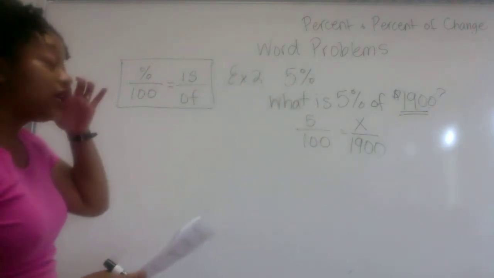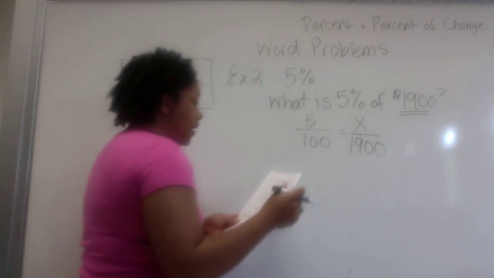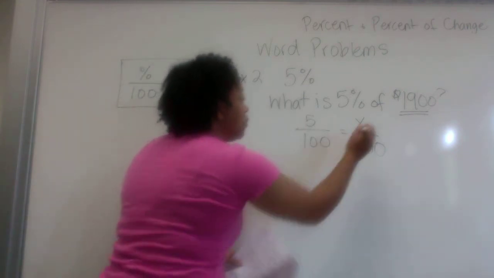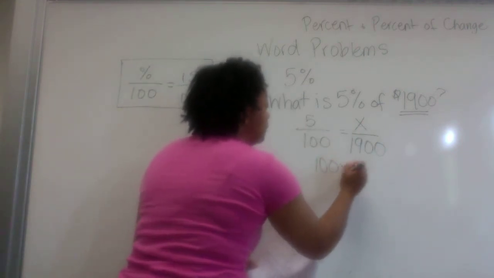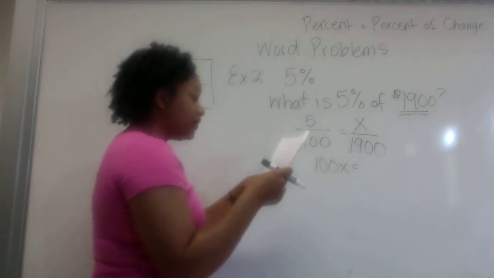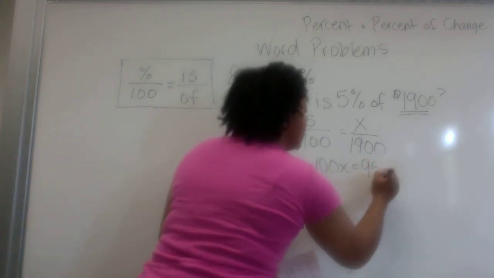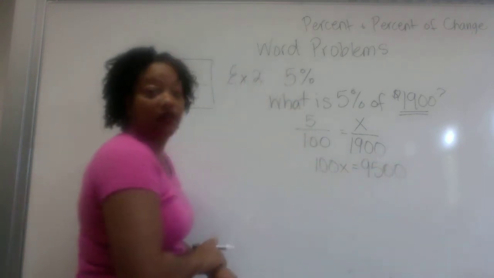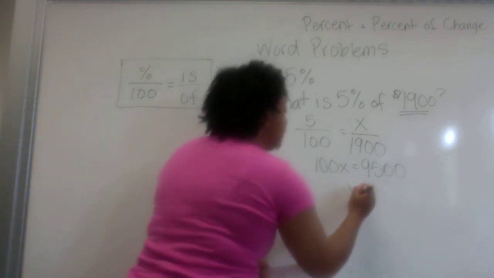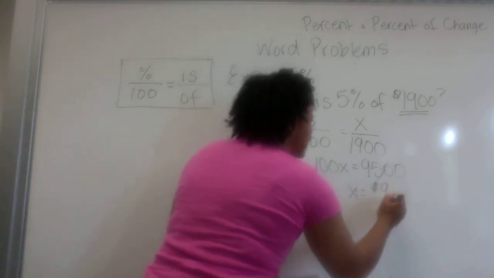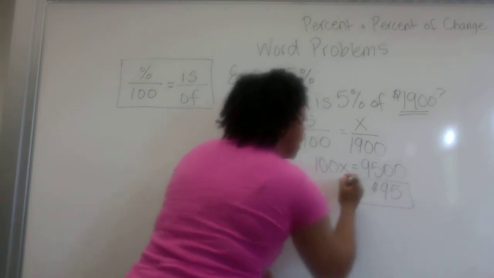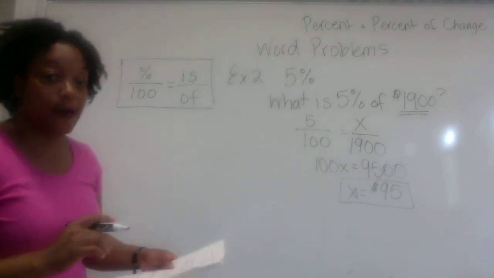And now you're ready to go. You cross multiply. 100 times x is equal to 5 times 1,900, which is 9,500. Divide both sides by 100, and you just made $95 off of that computer that is yours to take home.